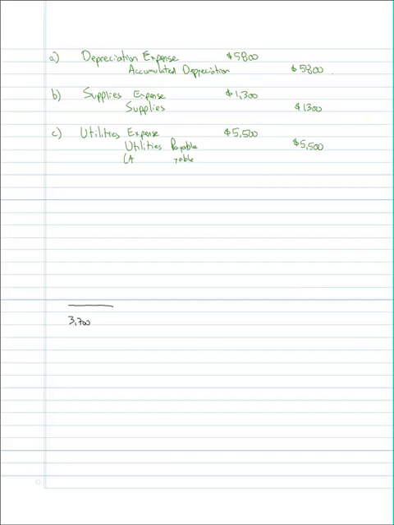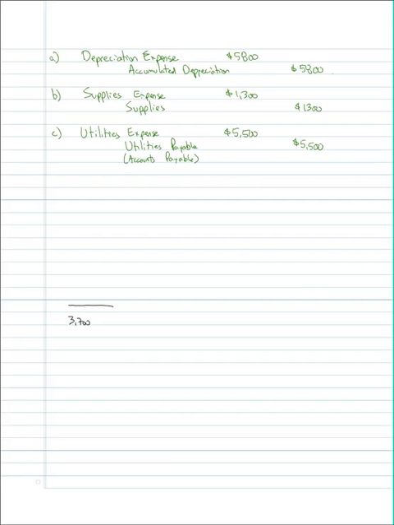It would also be perfectly acceptable to use the title accounts payable. That would not be a problem at all. So now we have our adjusting journal entries, and we have to post these to T accounts.